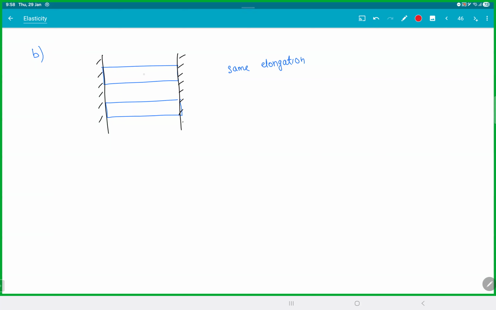So in this rod, if you have tension T1, and in this rod you have tension T2, and you want to replace this with one single rod whose area will be A1 plus A2.